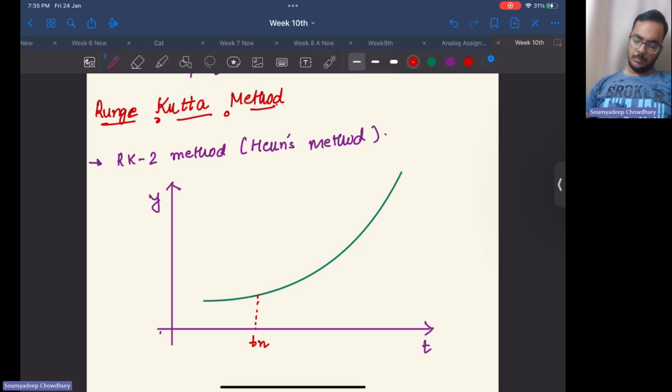Here I have my Tn plus 1, and this is my step size h. First, we draw a tangent at this Tn point.